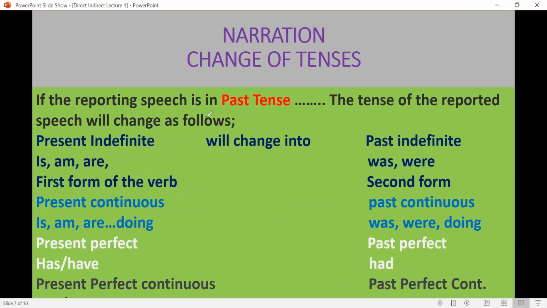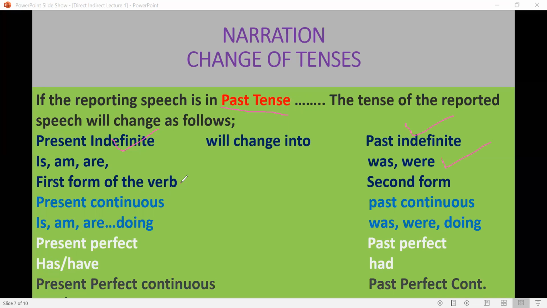If the reporting speech is in past tense, like "he says," we use "he said." This "said" is past tense. The tense of the reported speech will change as follows. Present indefinite will change into past indefinite, like is or am will be changed into was and were.